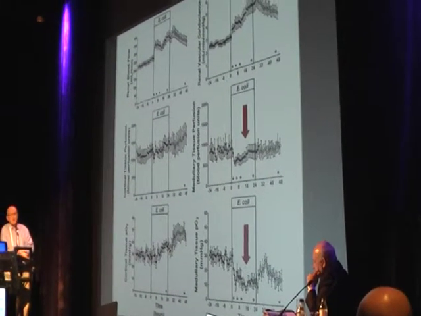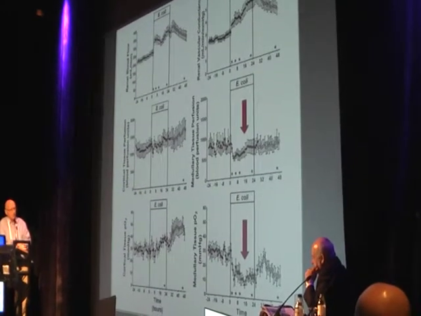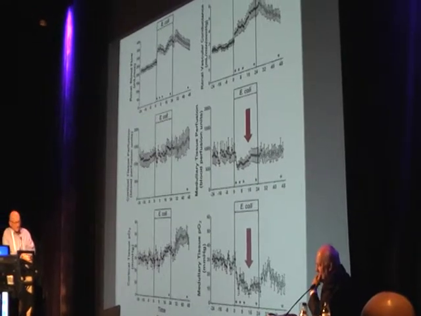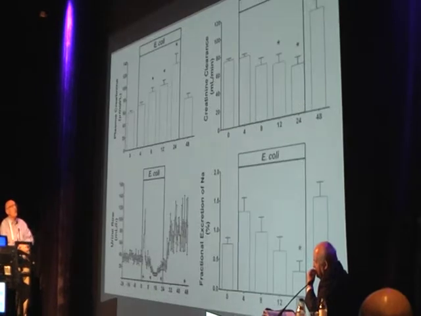So there is a dissociation of flow and oxygenation of the cortex versus the medulla, even though you're seeing a global increase in renal blood flow.